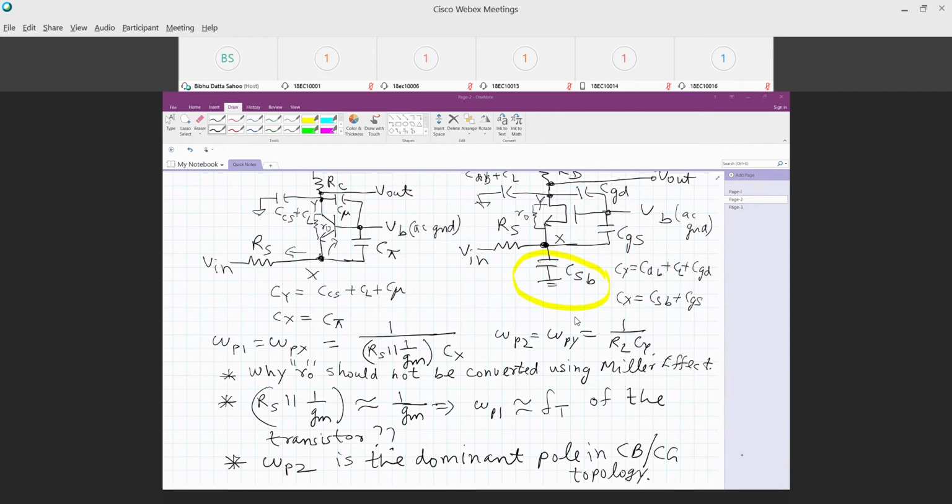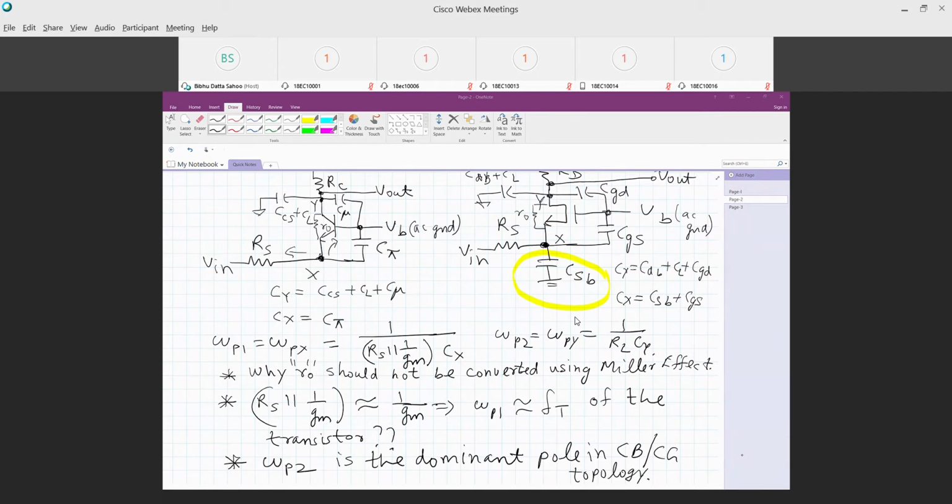If omega P2 were greater than Ft, it would be giving us additional information, and that violates the principle that Ft is the maximum frequency at which a transistor can operate.